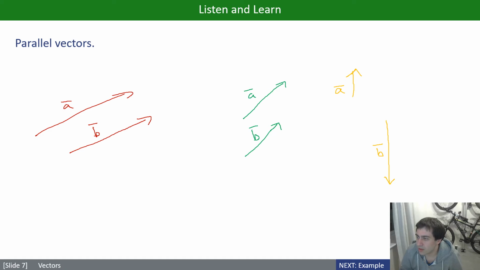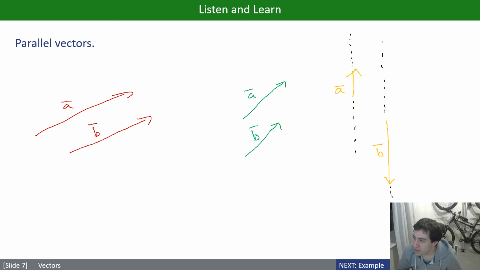Well, they are, because if you were to convert the vector into a straight line, in each case, you'd have two parallel lines. This is what it means for a vector to be parallel. So the fact that A and B are in the opposite direction doesn't affect that they're parallel. They're either the same direction or completely in the opposite direction by 180 degrees, then it's still parallel.